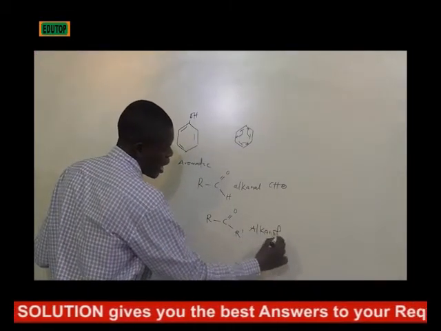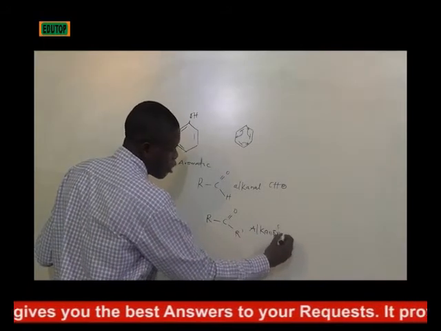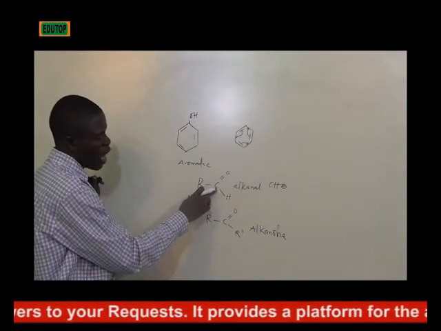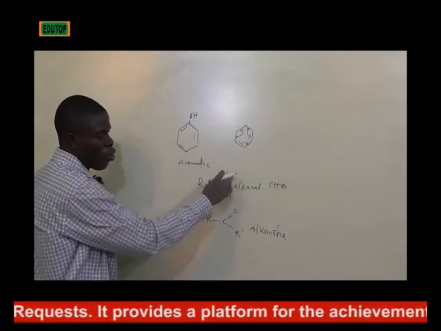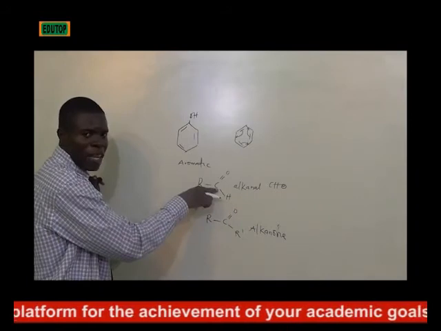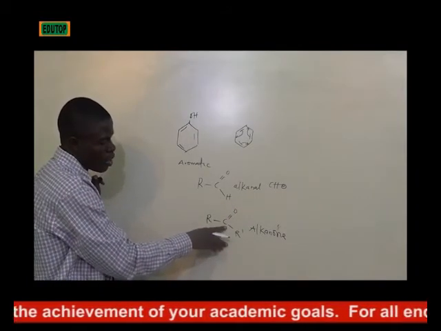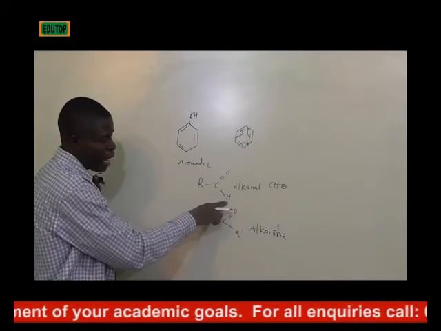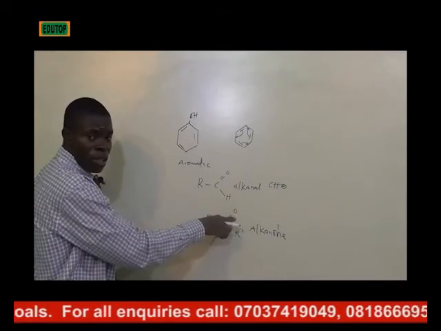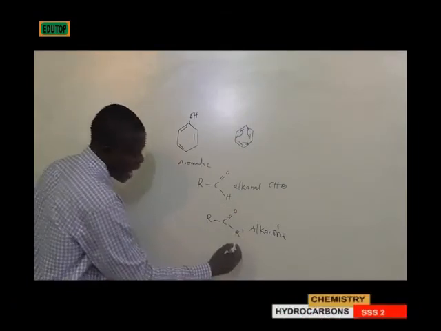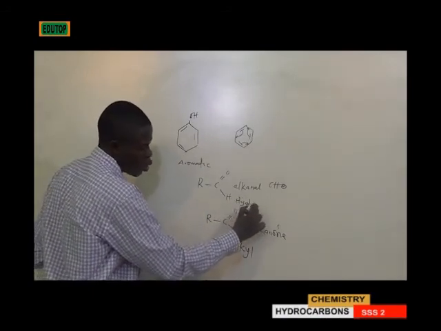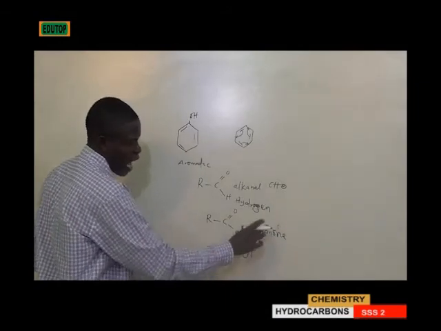The difference between an alkanone and an alkanal is that this carbon, which is the functional group, is attached by a double bond to oxygen. In an alkanal, a hydrogen atom is attached to that same carbon. But in an alkanone, instead of having hydrogen as the attachment to the C=O bond, an alkyl group is attached. Alkyl group here, but here it is hydrogen. So that is the difference between an alkanal and an alkanone.